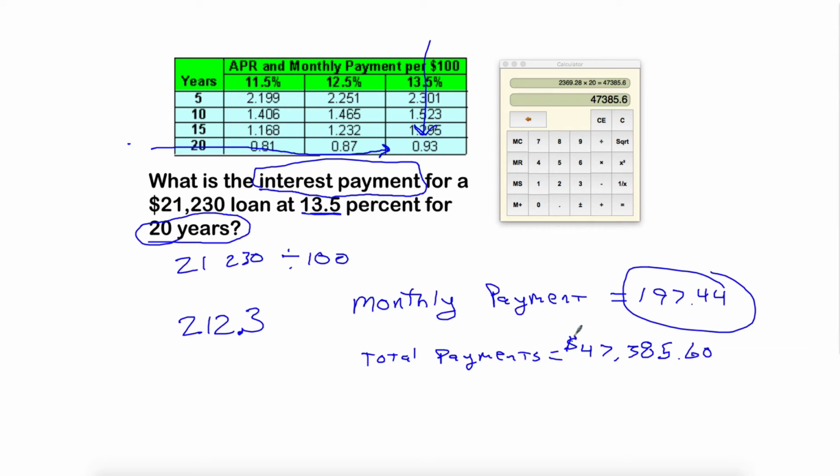Well, that's not quite what the question's asking. It wants the interest payment right here. Okay, the interest payment. Well, how much of that is interest? To find out, we just subtract the original loan amount.